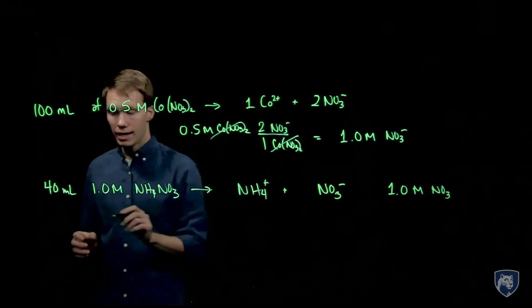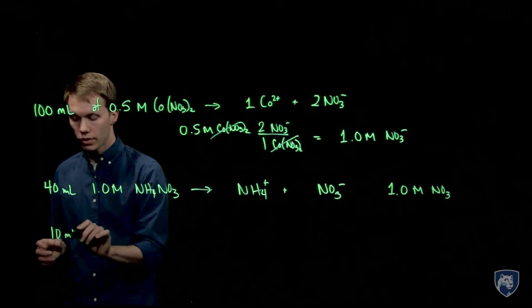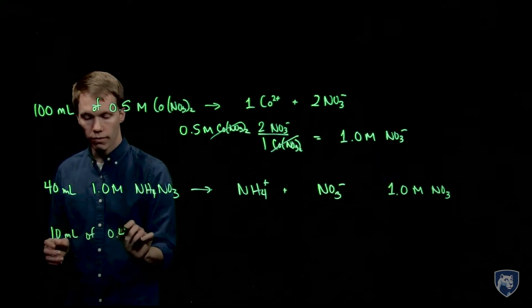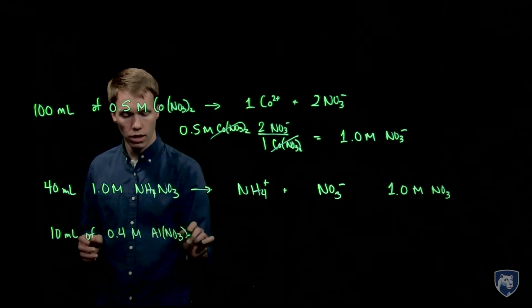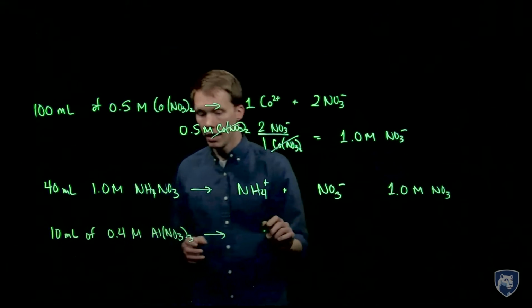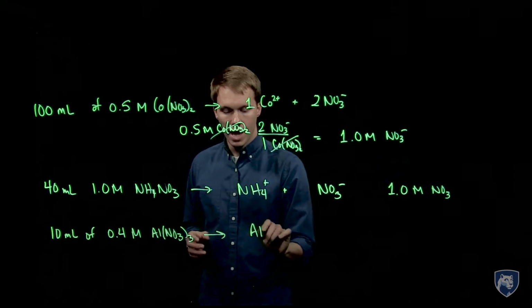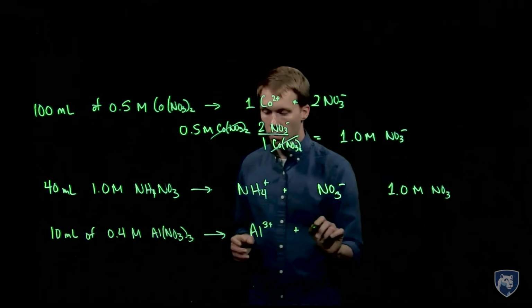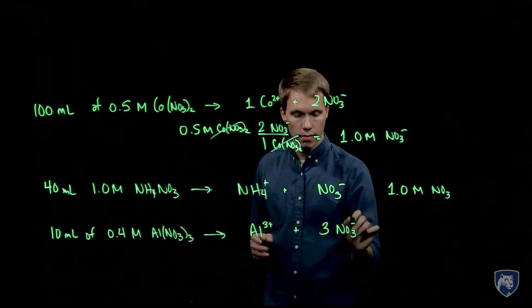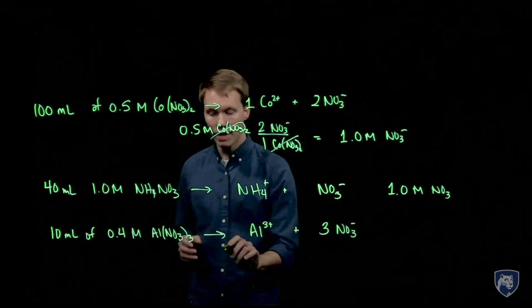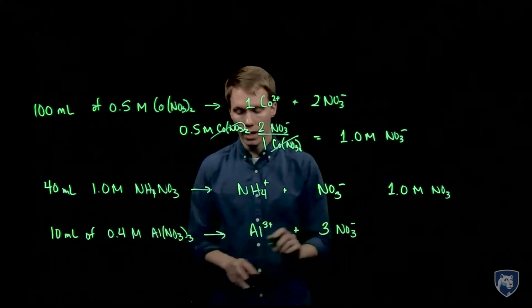And then in the last example, I have 10 mL of 0.4 molar aluminum nitrate, and this will dissociate into Al3+ cations plus 3 NO3- anions. So I have a 1 to 3 ratio here.